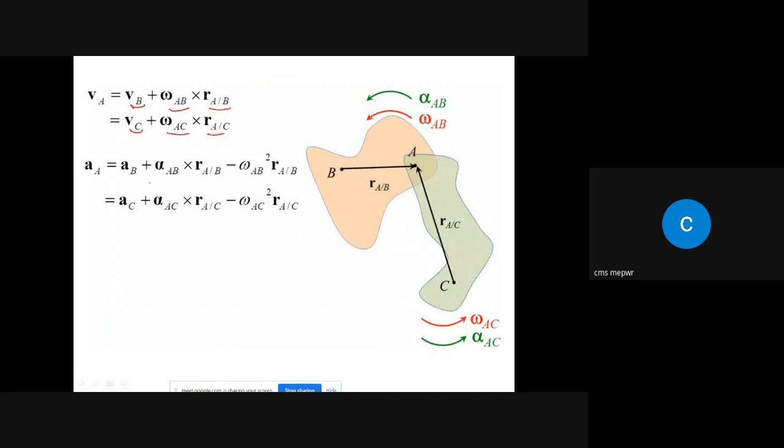So this is the case if a single point belongs to more than one rigid body, and the same is the case for acceleration. You need to remember these equations. These equations are very important, and they will be used in coming problems.